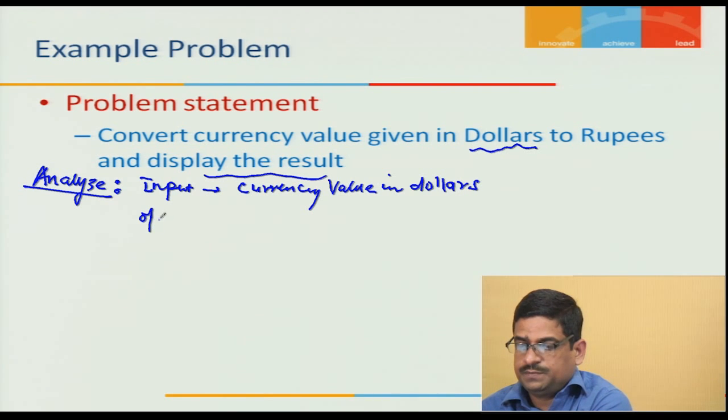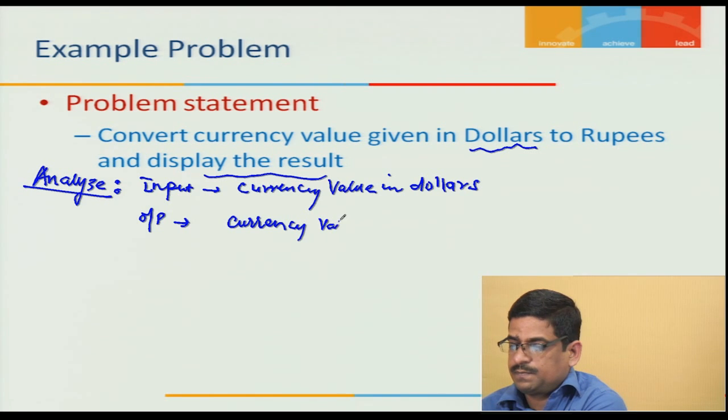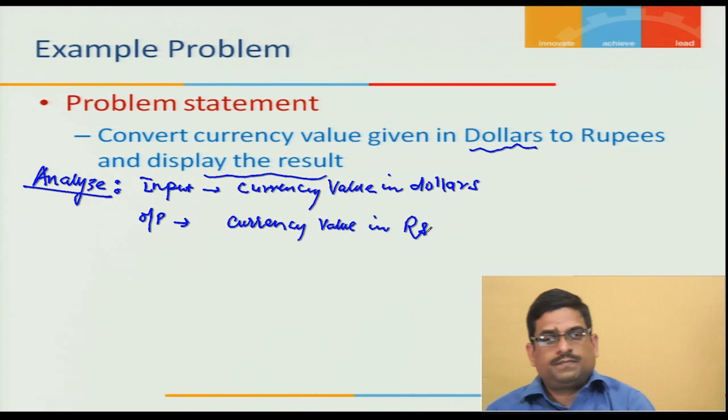What is the output? The currency value in rupees. So, it is a conversion. What do I need for that?